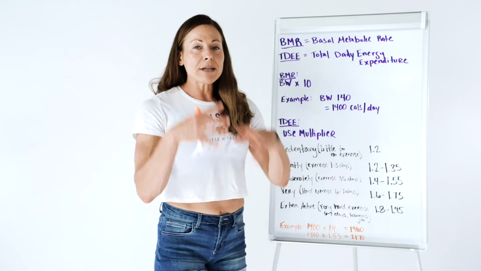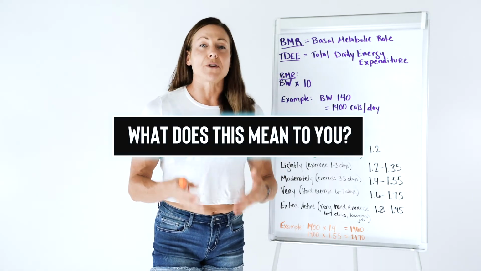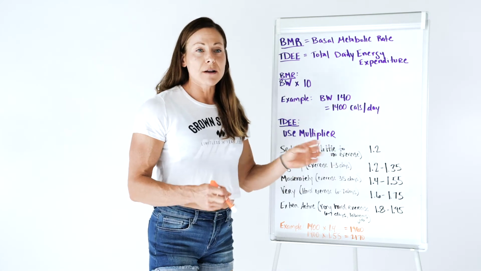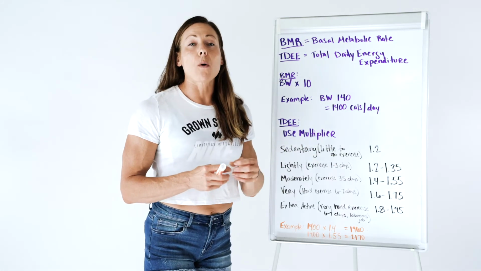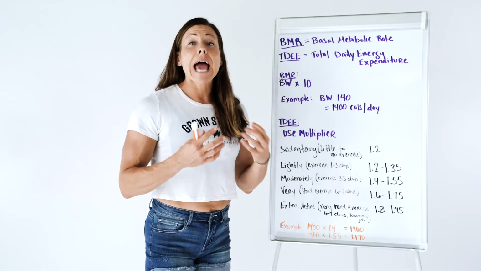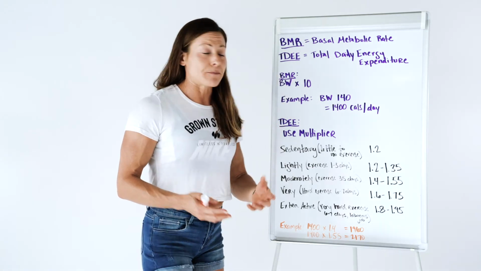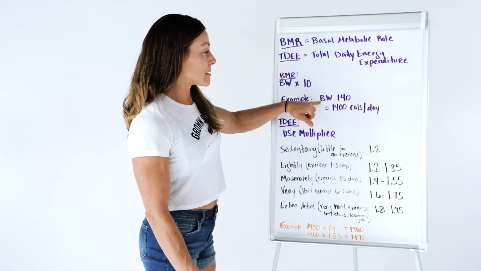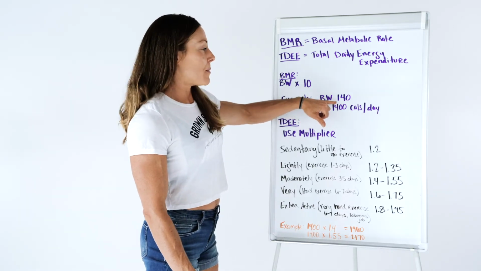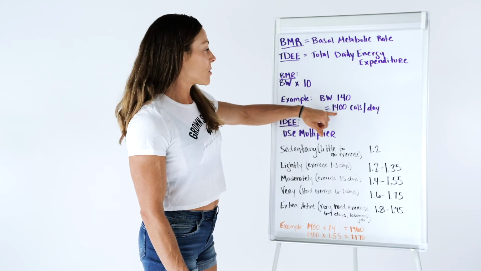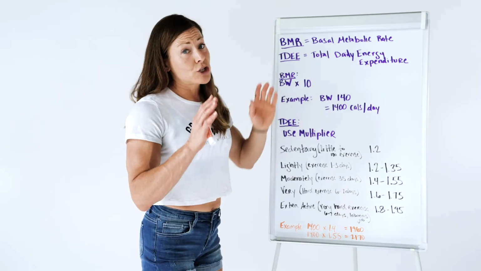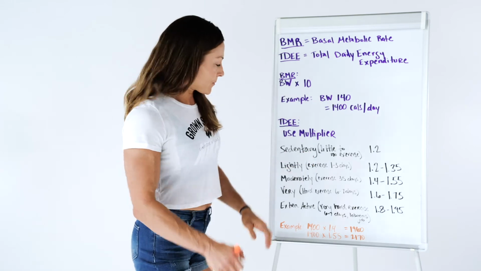Okay? So how does that all tie together? What does this mean for you? Well, this is how you can start finding your baseline or your maintenance calorie intake. For example, taking the BMR up here, a body weight of 140, we multiplied that by 10 and got 1,400 calories a day as our baseline BMR.